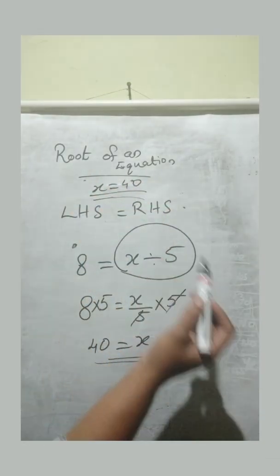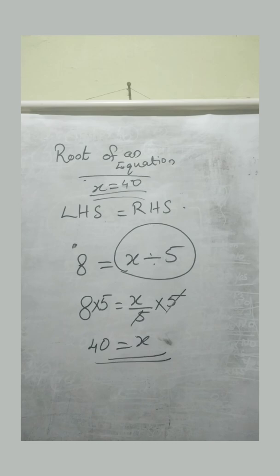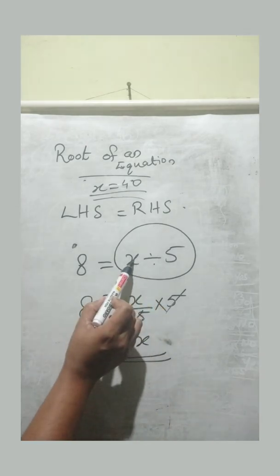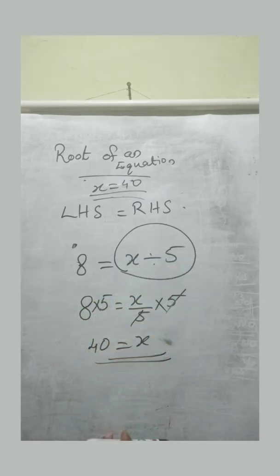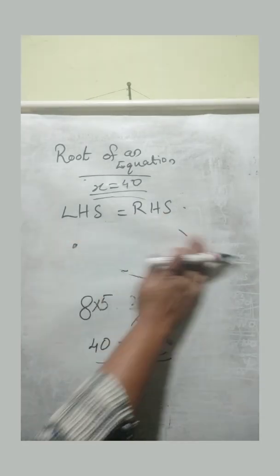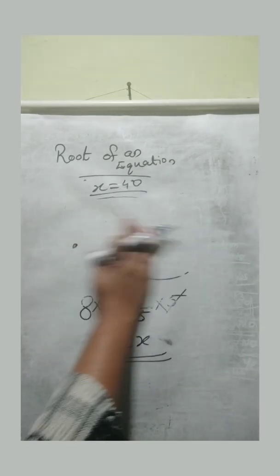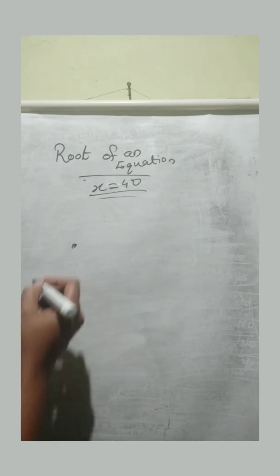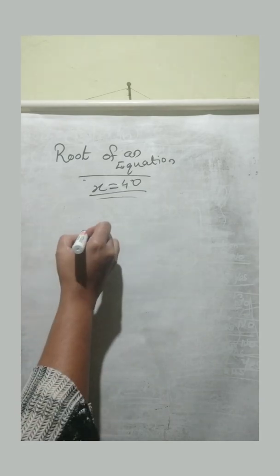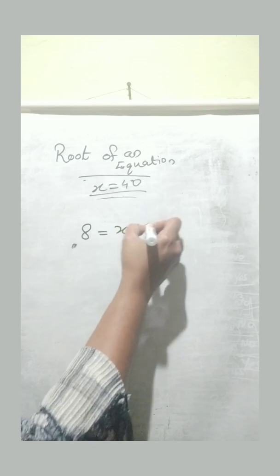8 equal to x divided by 5. Now the LHS is 8 and the RHS is x divided by 5. Now we can check that the root is correct, that it satisfies this given equation. The question was 8 is equal to x divided by 5.